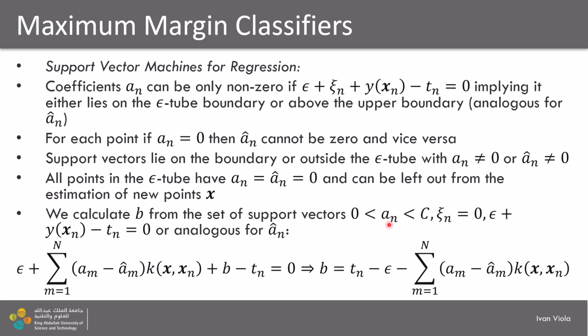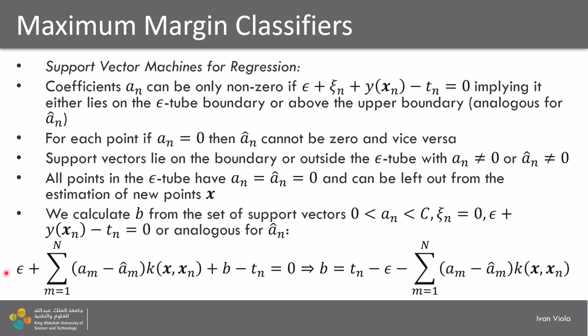If we choose to use those for the calculation of b, then when we are lying on the boundary of our margin or tube, xi_n is equal to 0, and therefore epsilon plus y_n minus t_n is equal to 0 because we are on the boundary. So we can choose those points, or analogously the points which have a-hat_n, and here we see how we can calculate the b.